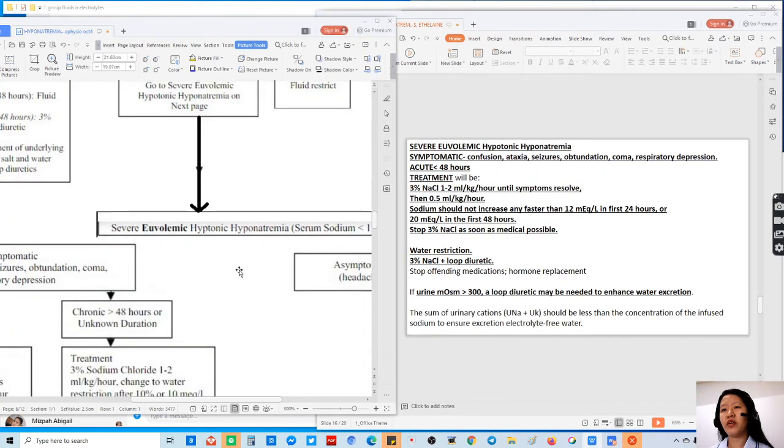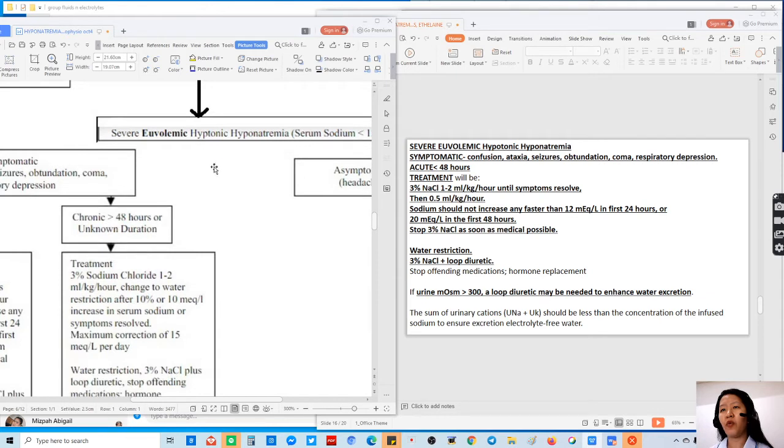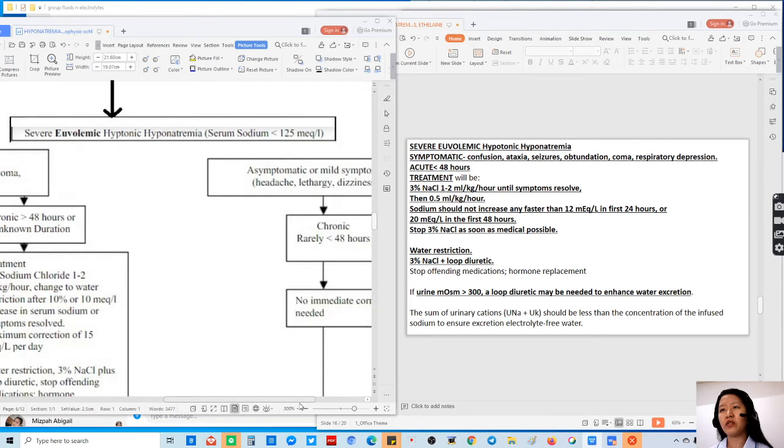So for the severe euvolemic hypotonic hyponatremia, the serum sodium level is less than 125 milliequivalents per liter.